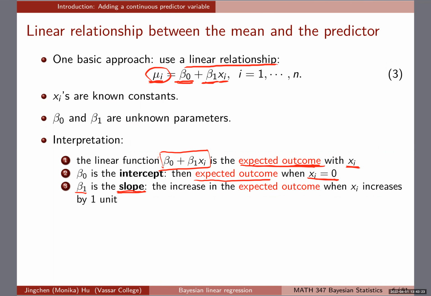What this is trying to express is the increase in the mu i we're going to have when xi increases by 1 unit. We're looking at the change that beta 1 is going to have on the expected outcome, which is mu i. So typically, when you're working with a numerical predictor like xi over here, a 1 unit increase in your xi is going to result in a beta 1 unit change in your mu i, which is the expected outcome.